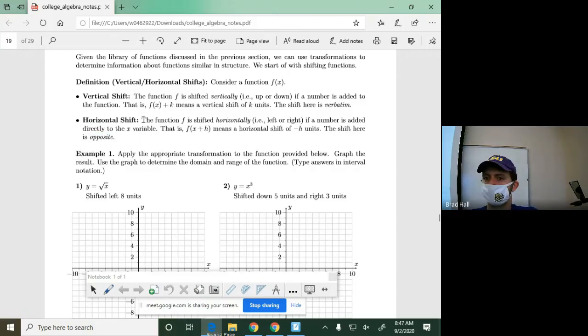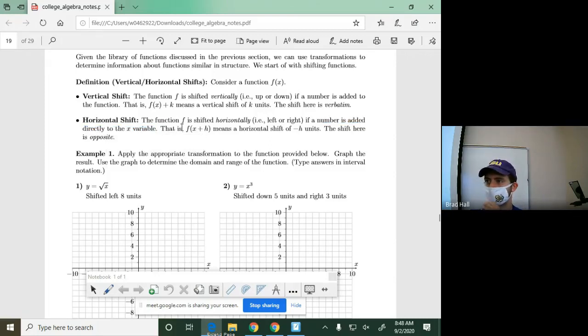So I talked about up and down. What about left and right? Well, this is when you add a number not to the function. You have to add the number directly to the x variable, wherever the x variable is, such that it is being added to the x directly. Again, I'll talk about this in the upcoming problems.